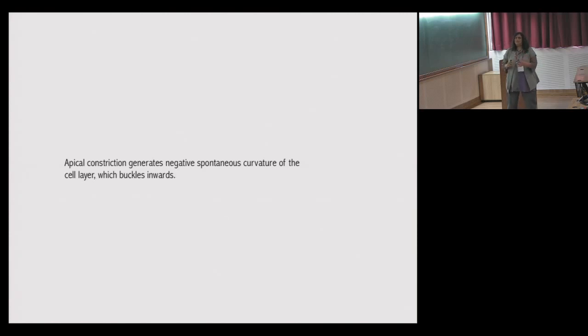What I've just described to you are the cellular and molecular mechanisms that allow this to happen in a collective way so that a strip of cells coordinately invaginates and gets internalized.